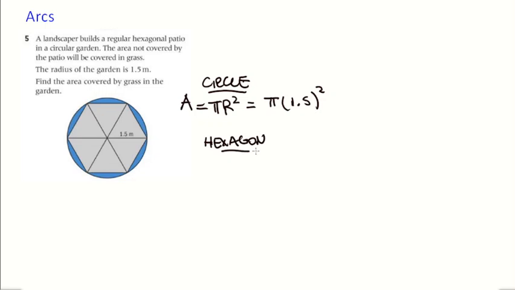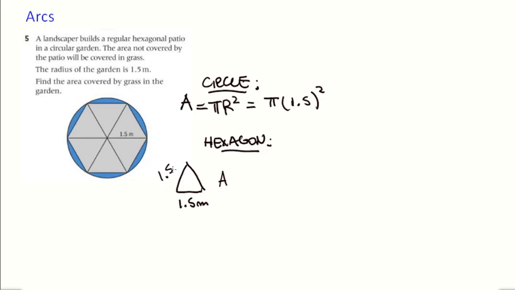So the hexagon, we're going to do 6 triangles of equal areas. So if we look at each of those equilateral triangles of 1.5 meters of base, we should remember how to calculate those areas. So remember that we have just dealt with areas of any triangles, right?